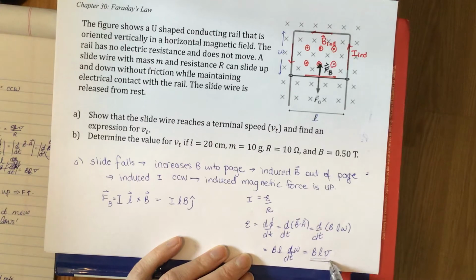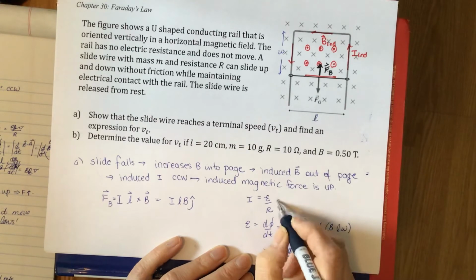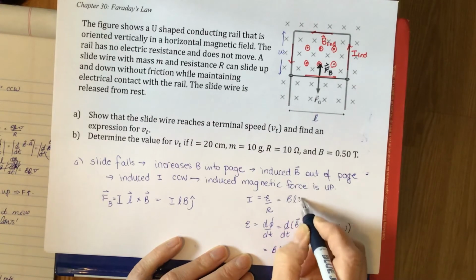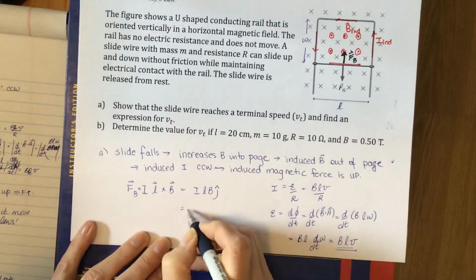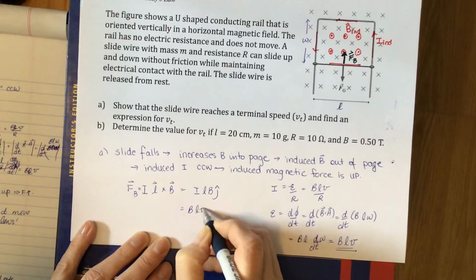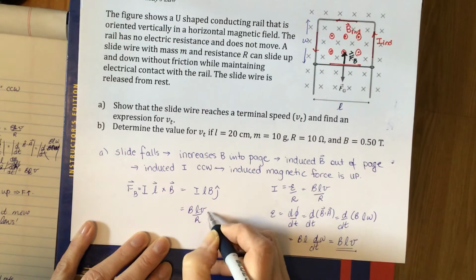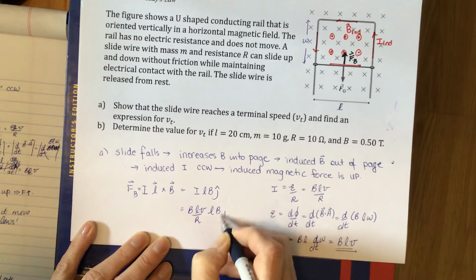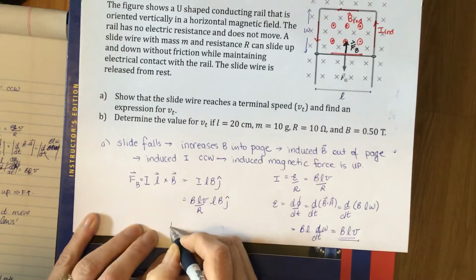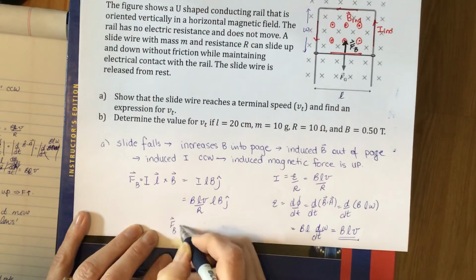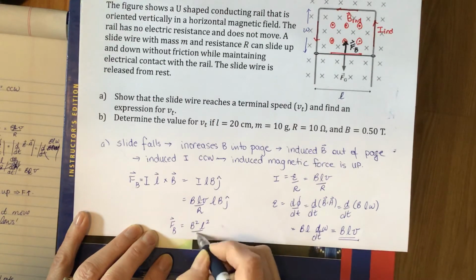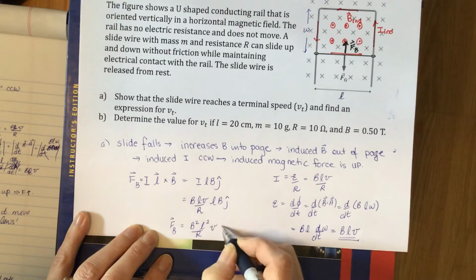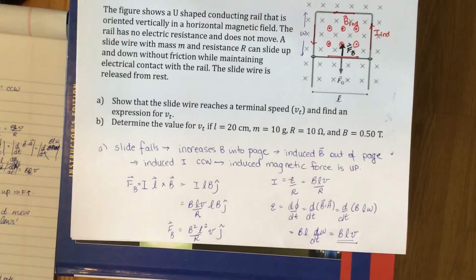So let's put this potential in our expression for current, and put this current in our expression for force. Now we can make it look a bit nicer. The induced magnetic force is B squared L squared divided by R times V, J hat.